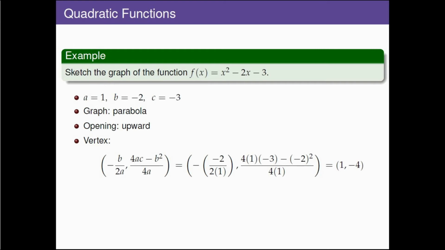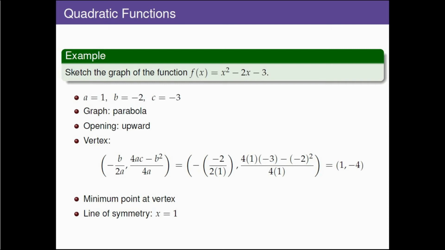We can also compute the y-coordinate of the vertex by computing the function value of -b/2a. The vertex is a minimum point since a equals 1 is greater than 0. And the line of symmetry is the line x = -b/2a, or x = 1.